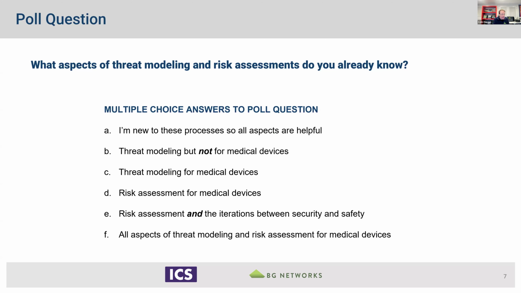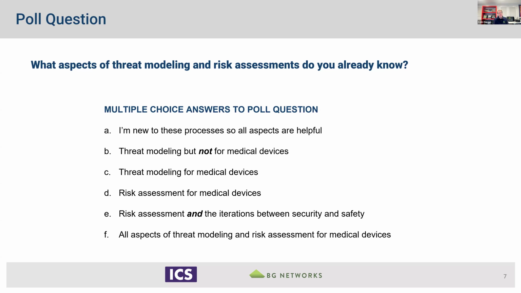But one other thing I'll mention on this slide is the difference between threat modeling and risk assessment. Threat modeling is really the beginning step. It is going to result in a submission for a 510K into eSTAR. There's a specific document that the FDA requires that's a result of threat modeling, but it feeds into the risk assessment.